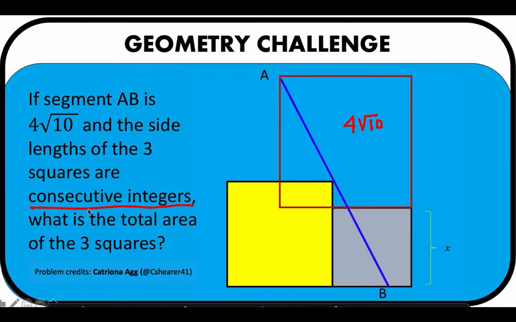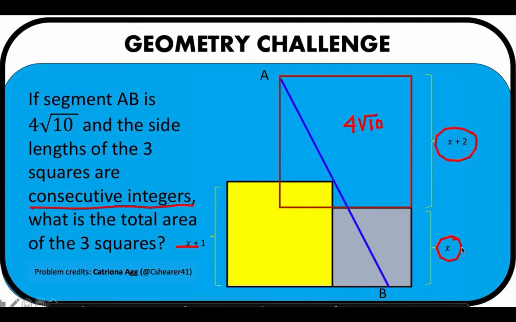Now, since it is given that the side lengths of the three squares are consecutive integers, and we do not know those side lengths, we can let the side length of the shortest square be x units. And if the side length of the smallest square is x, and the three lengths are consecutive integers, then we can let the second square have a length of x plus 1 unit, and the side length of the largest square among the three be x plus 2 units.